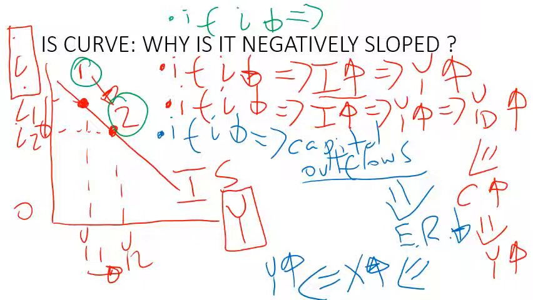So the textbook reasoning is, if I goes down, then government would take more credit because it's cheaper, and it would spend more, and that would result in an increase in the national income level.